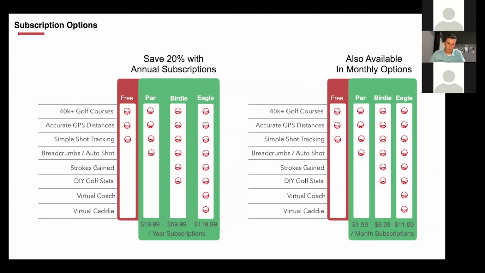You do save 20% when you sign up for an annual, but the Par starts at $19.99 a year or $2 a month. The Birdie is $60 a year or $6 a month, and the Eagle is $120 a year or $12 a month. And you'll see there the features that we add with each tier.